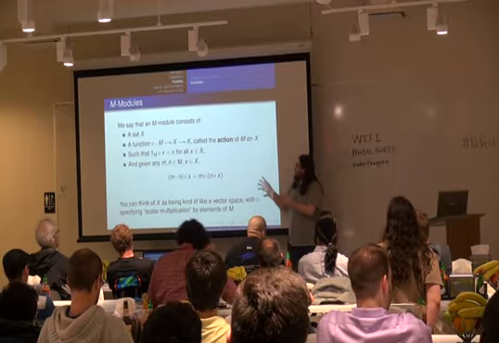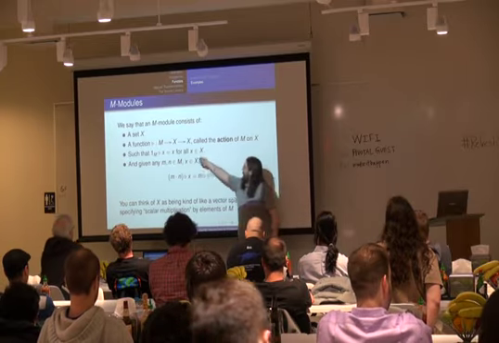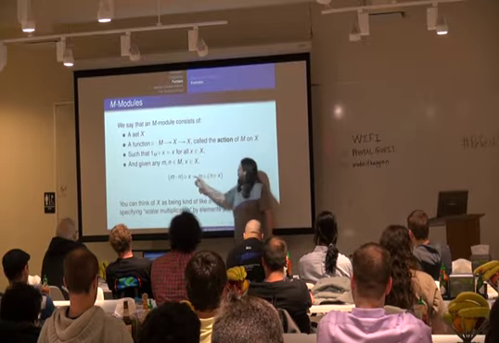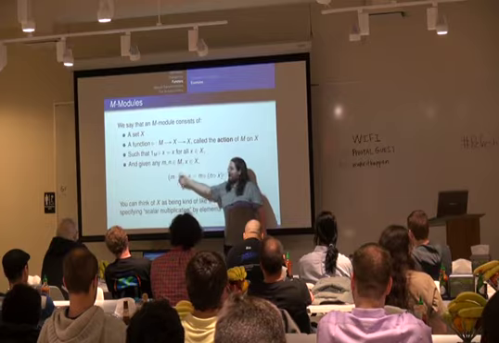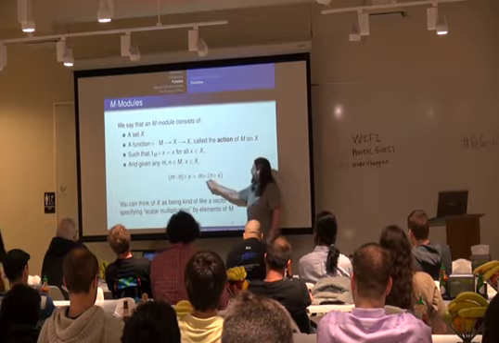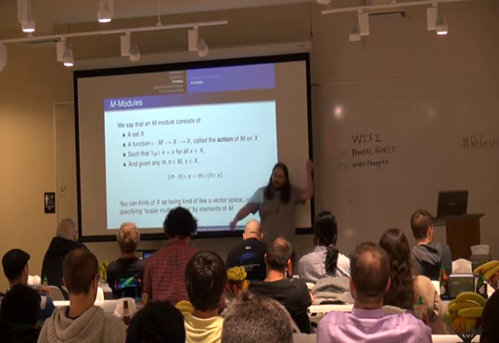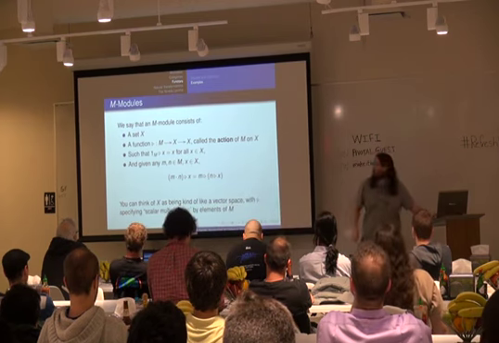But it still kind of looks like that. If you multiply any vector by 1, you get the same vector back, and if you multiply it by n and then multiply it by m, it's the same as multiplying it by m times n.